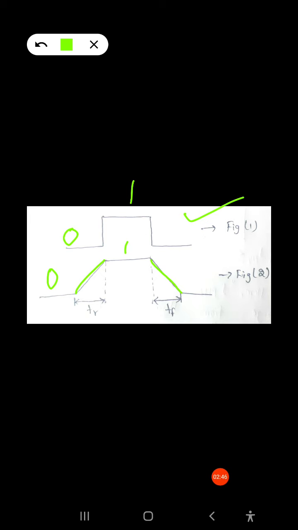That time is called transition time. Here it is mentioned as TR, the rise time, and this one is TF, the fall time.